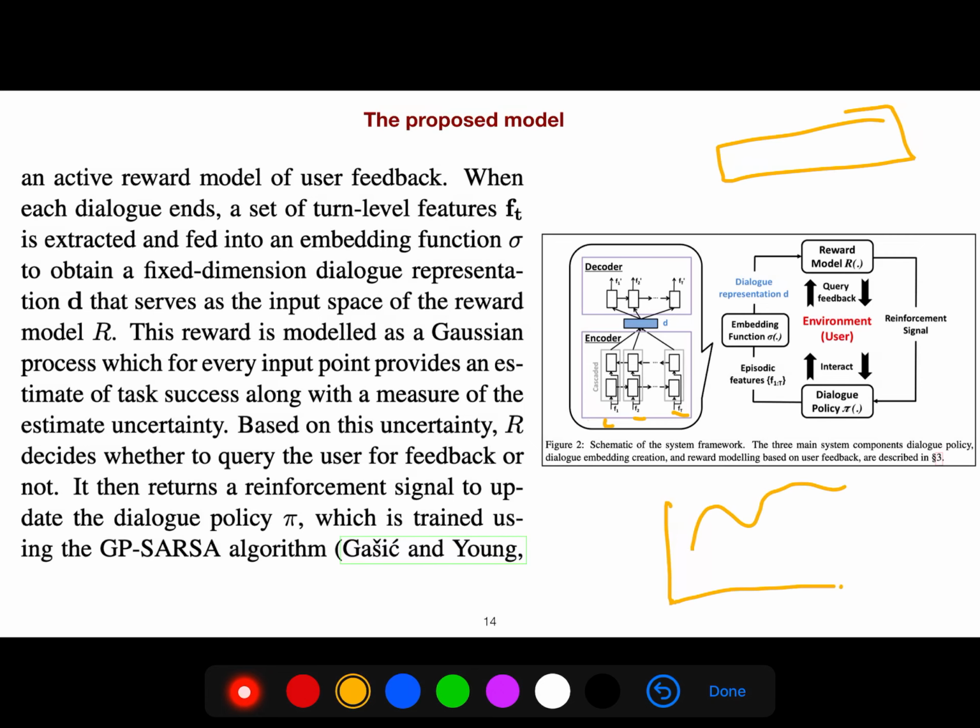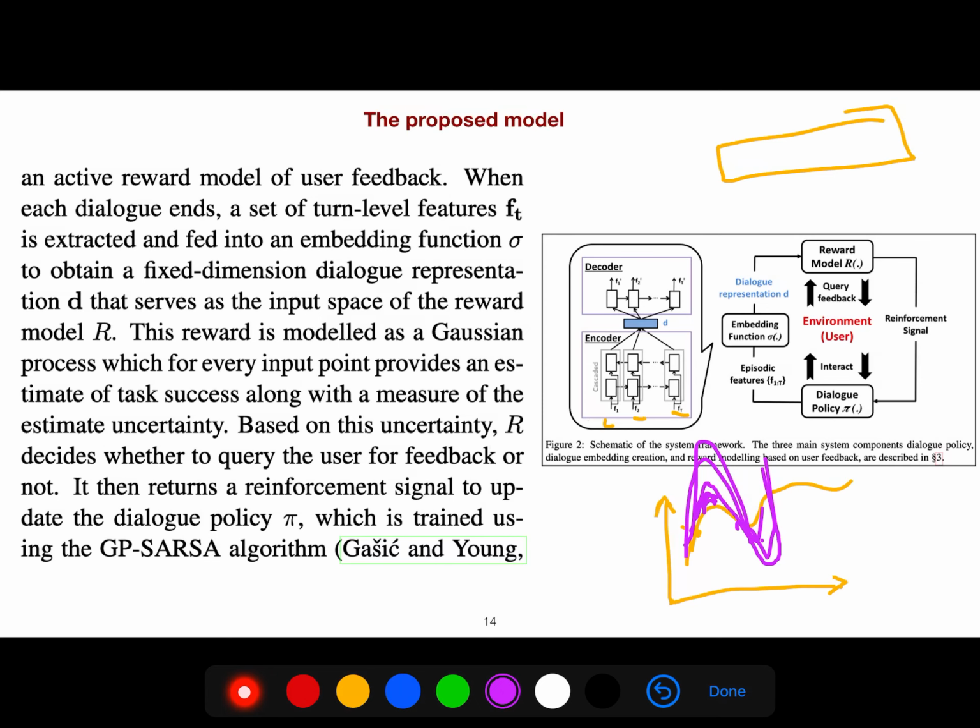We model it using this Gaussian process because it is non-parametric and helps us a lot, especially in understanding uncertainty representation, because it could have very different trajectories.